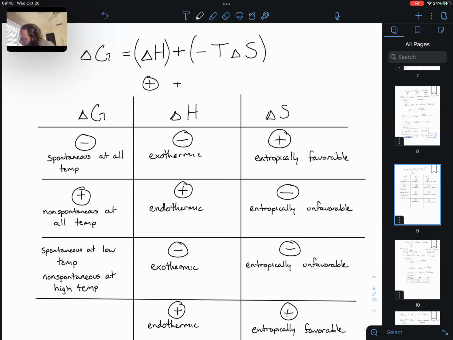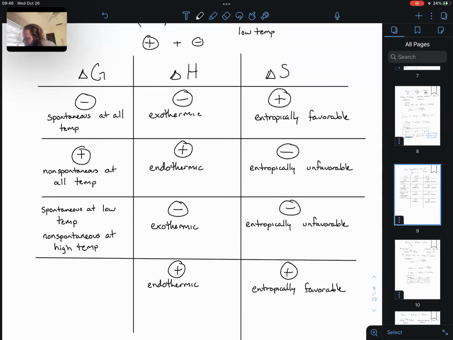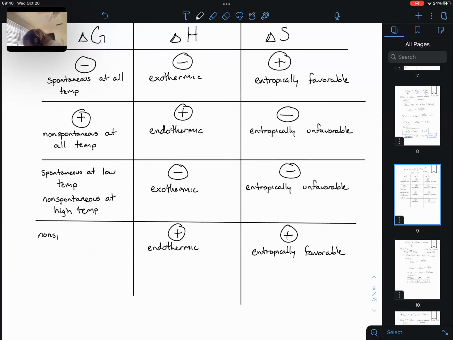At low temperatures, this T delta S is very small. So the positive delta H is going to win out. So this will be non-spontaneous at low temperatures.